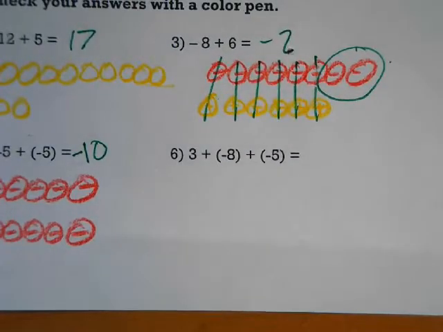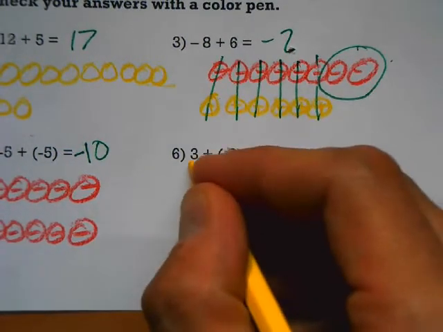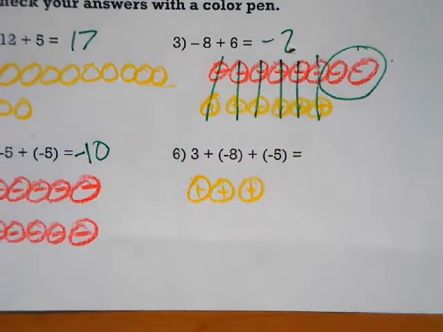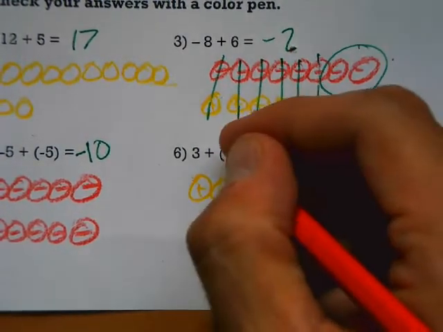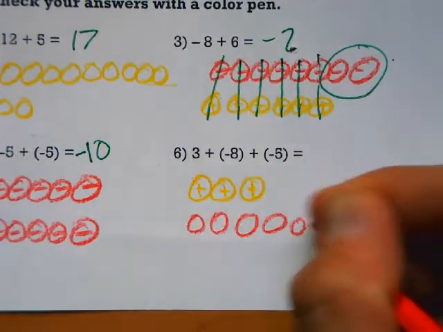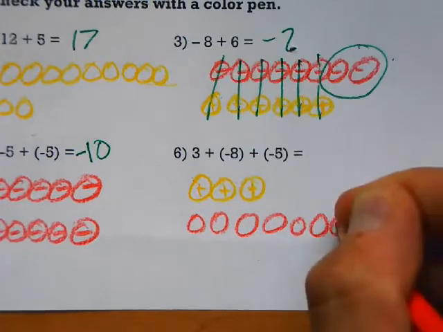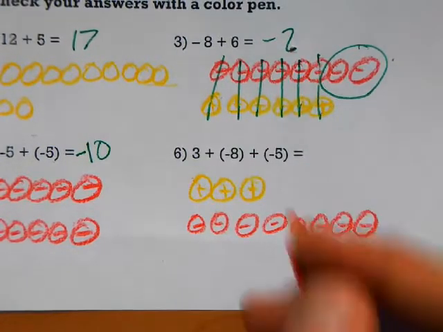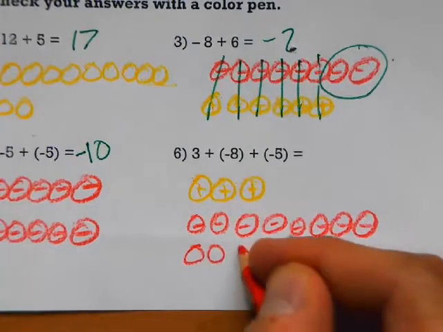Okay, last problem. 3 addends, still can draw it out and do the exact same process. Okay, so start with 3 positives. Next addend is 8 negatives. And then 5 more negatives.